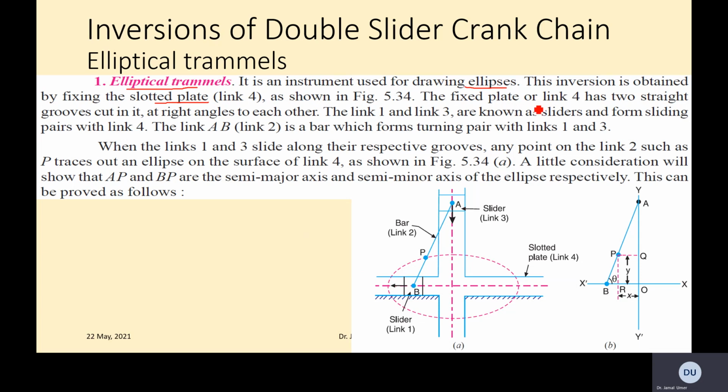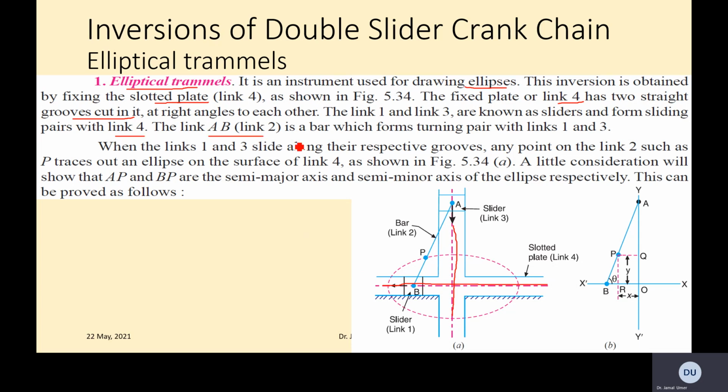The fixed plate, or link 4, has two straight grooves cut in it, at right angles to each other. Links 1 and 3 are known as sliders. Link 1 is slider B, and link 3 is slider A. They form sliding pairs with link 4.